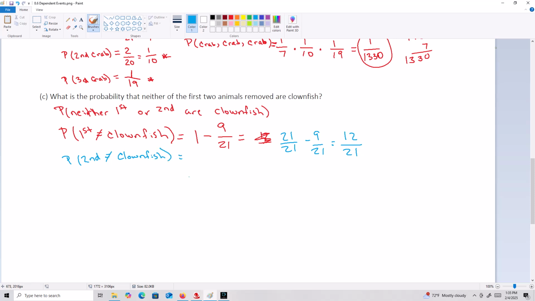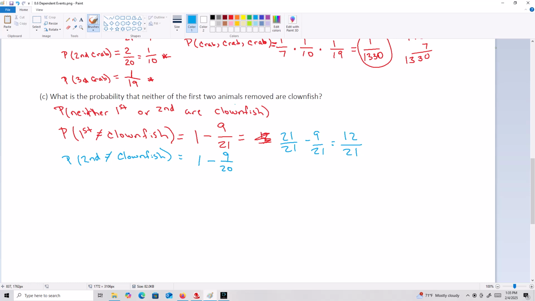Now remember, we need to assume, for the sake of coming up with the probability of this, that the first was not a clownfish. So we have 20 creatures in the tank now, and there are still 9. But we also want the probability of not getting one of those clownfish. So we're going to subtract that 9/20ths from 1.